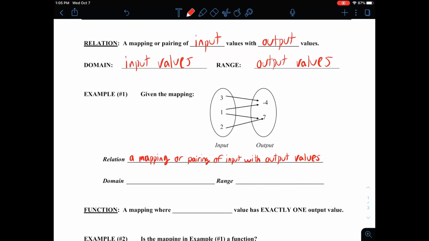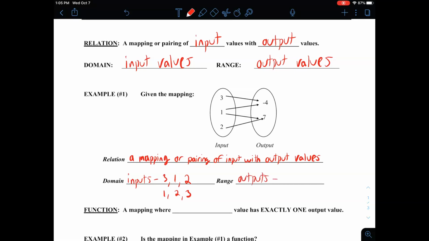So what numbers do we have? So this is going to be our inputs. What are our inputs for this relation we have here, for example, 1? Well, we got 3, we got 1, and we got 2. You could also put them in order from smallest to biggest. I like to put them in the exact order that they show up on the actual relation, but either way is fine. And our outputs is our range.